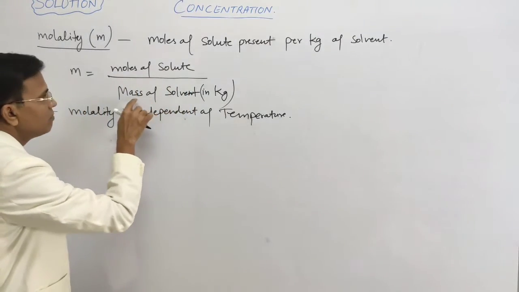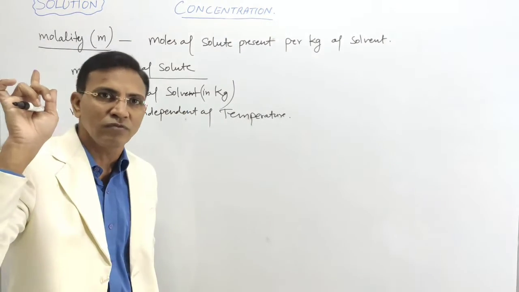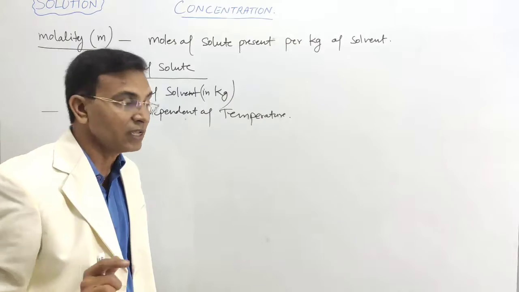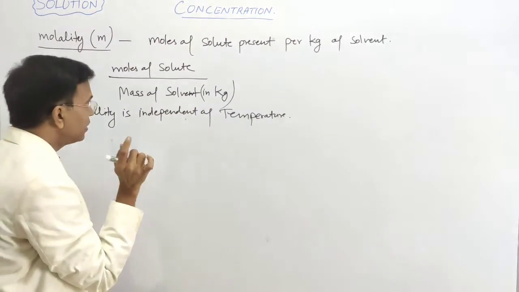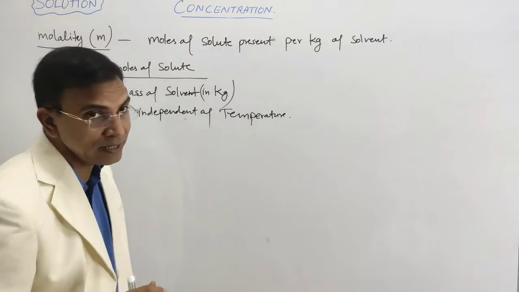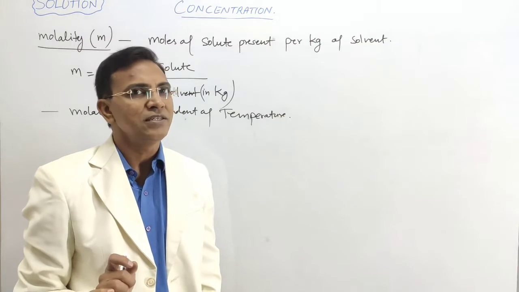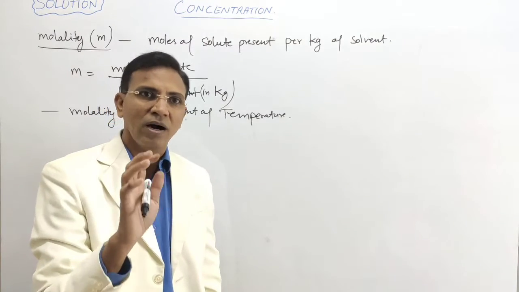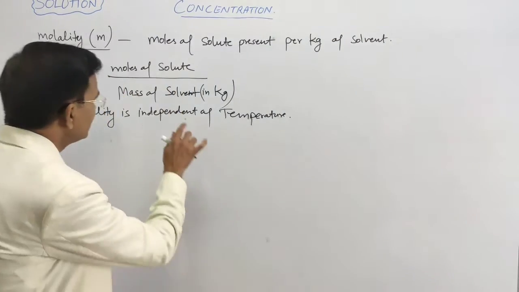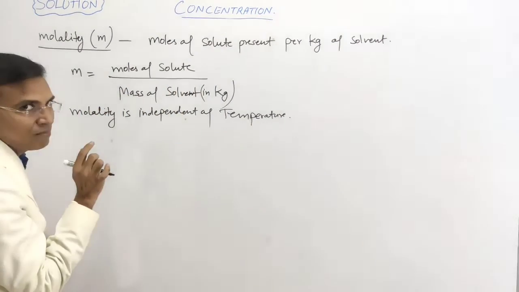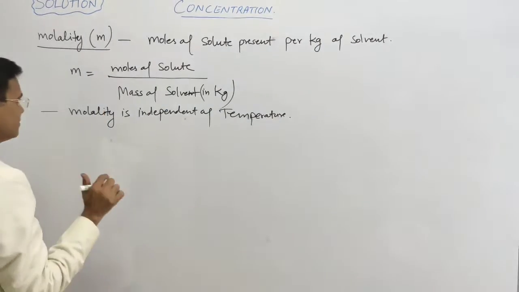Because here the mass of solvent comes. In molarity it is the volume of the solution which is affected by the temperature. But here it is the mass of solvent in kilograms, and you know that the mass of solids is very little affected by temperature.